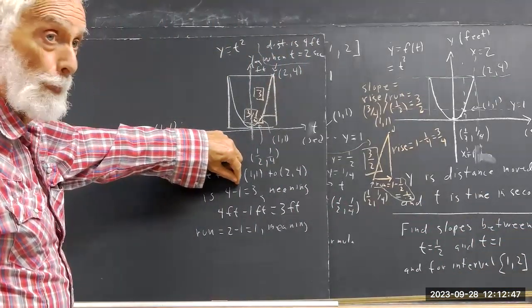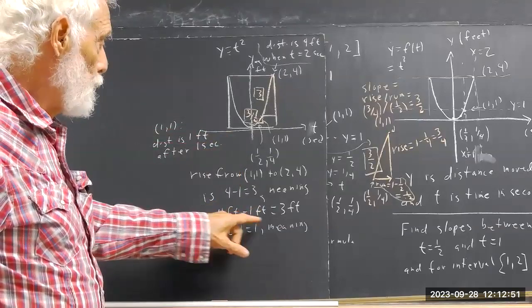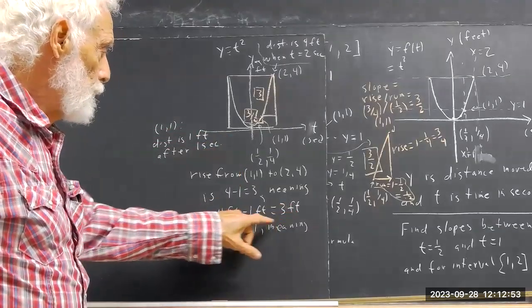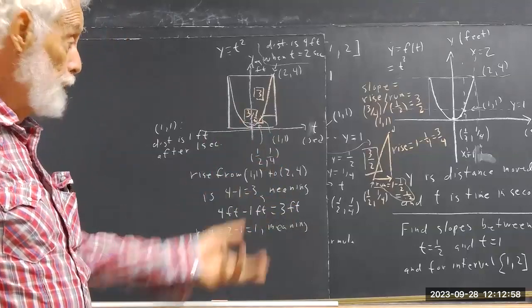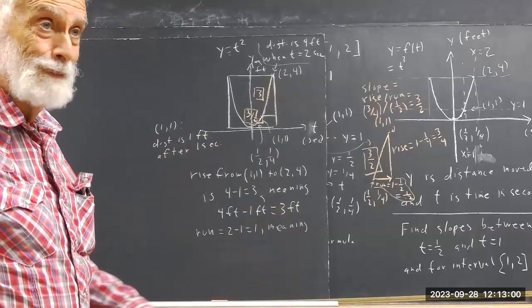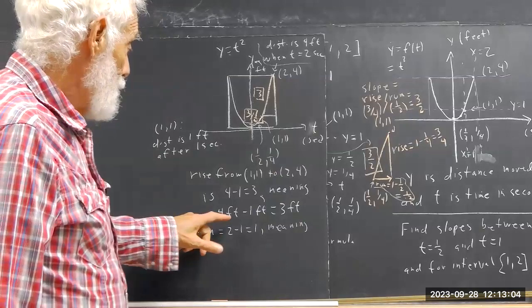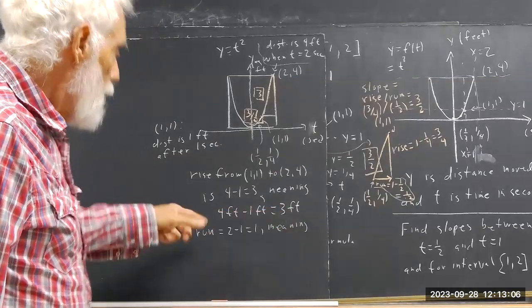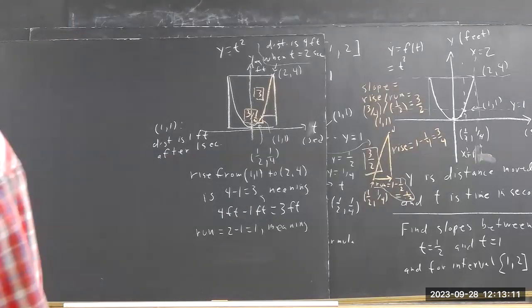The 4 minus 1 represents how far we went between those two times. It's 4 feet minus 1 foot, which is 3 feet. It's 3 feet, not 3 seconds, not $3, not 3 kilograms. Feet minus feet gives you feet. Run is 2 minus 1 equals 1. Now, what does that mean?